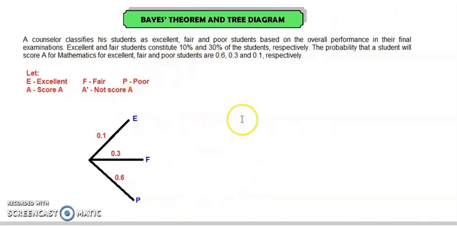Okay, next branch will be for either the student scores A or does not score A. So how to draw the branch?